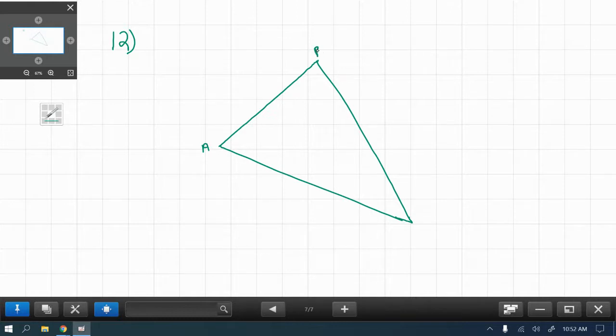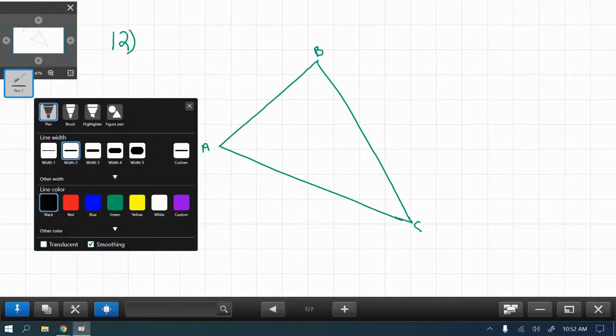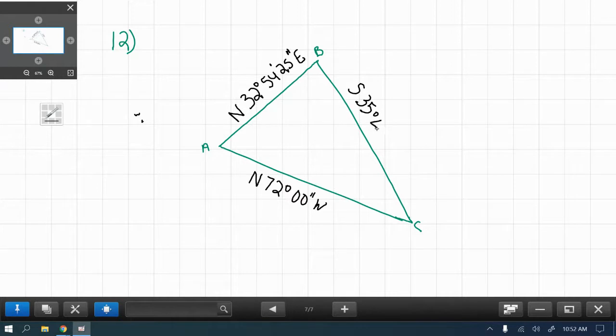So this is A, B, C. So that was the problem.